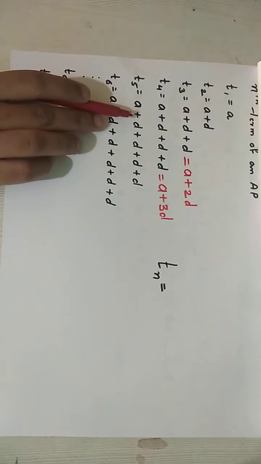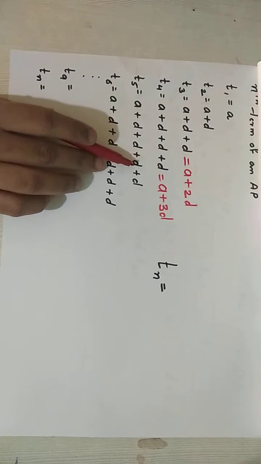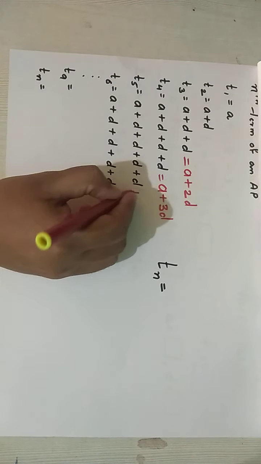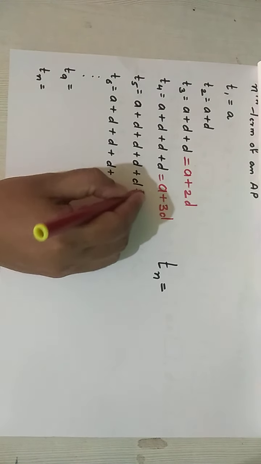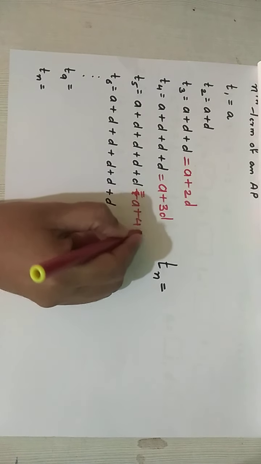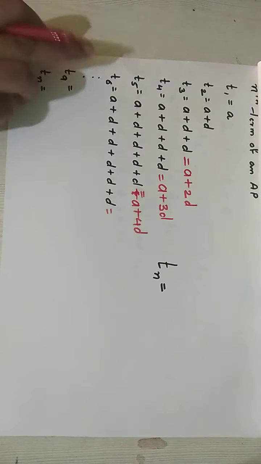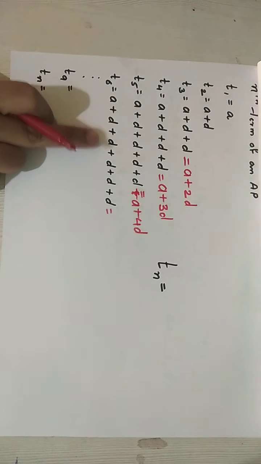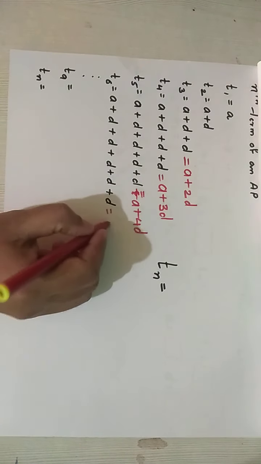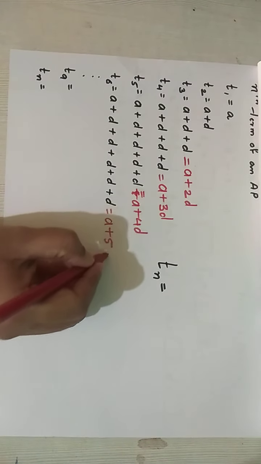T5 is A plus D plus D plus D plus D, 4 times. So this will be A plus 4D. T6 is, how many D's are there? 1, 2, 3, 4, 5. So you have A plus 5D.